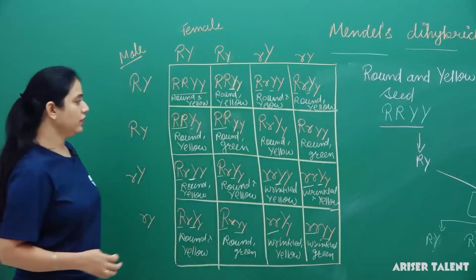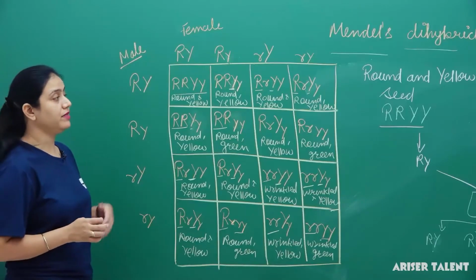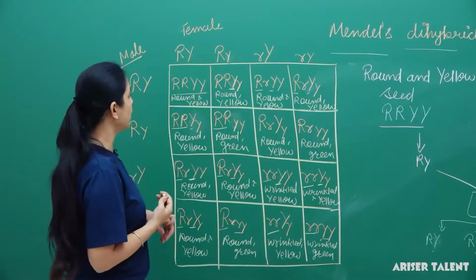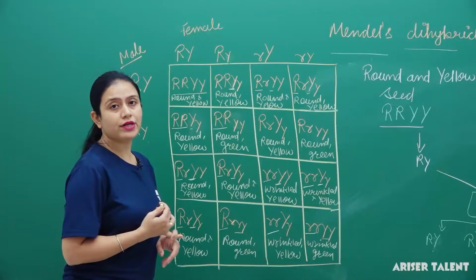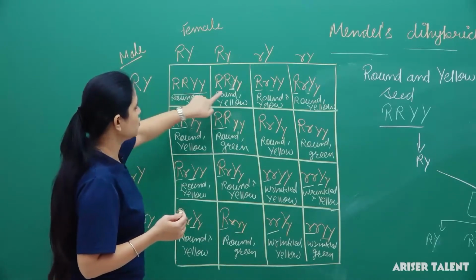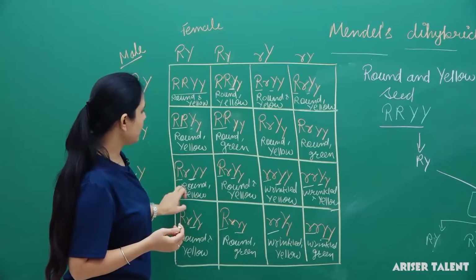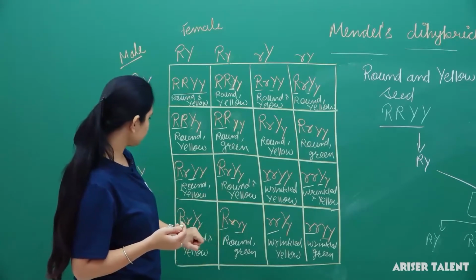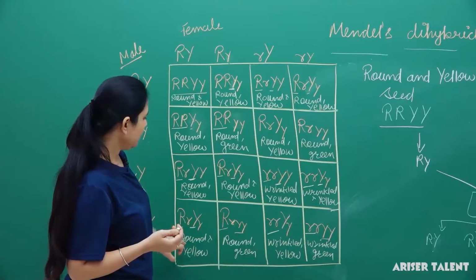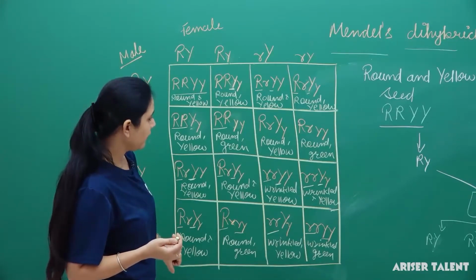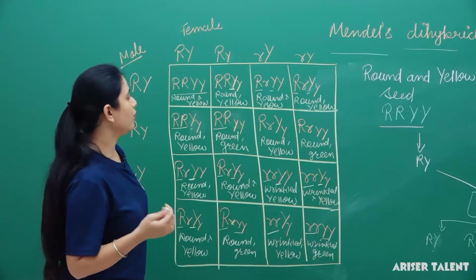Okay, so if we talk about the phenotype, meaning physical appearance, how many round and yellow plants are there? 1, 2, 3, 4, 5, 6, 7, 8, 9. So 9 plants are round and yellow.